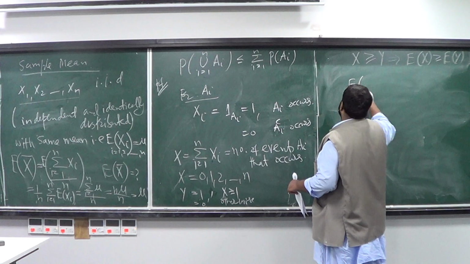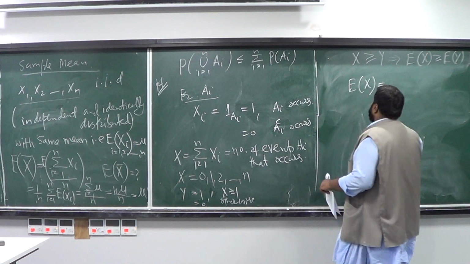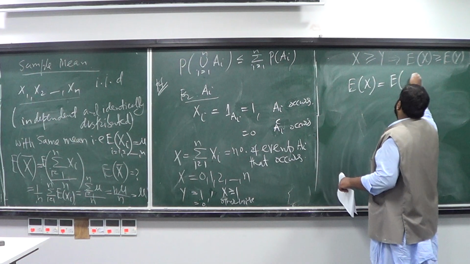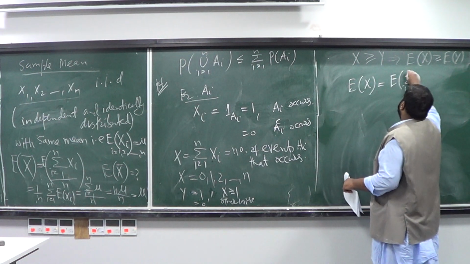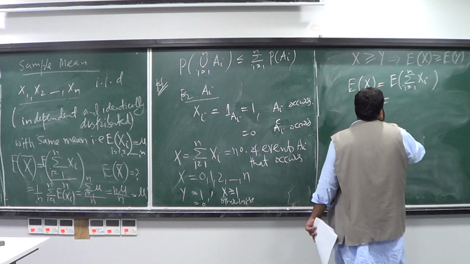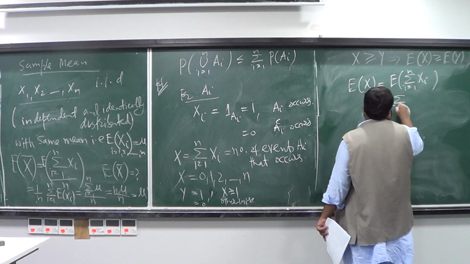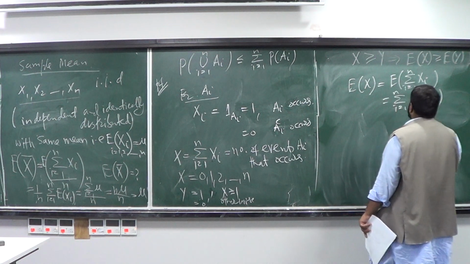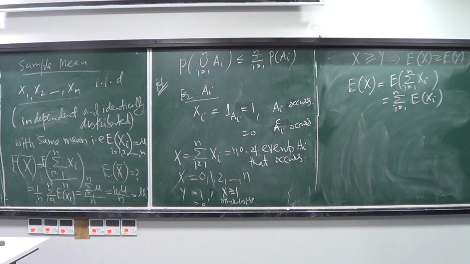Now let's calculate the expectation of X. Expectation of X is equal to the expectation of the sum for i equal to 1 to n of Xi, which is the same as the sum for i equal to 1 to n of the expectation of Xi. And what is the expectation of Xi?